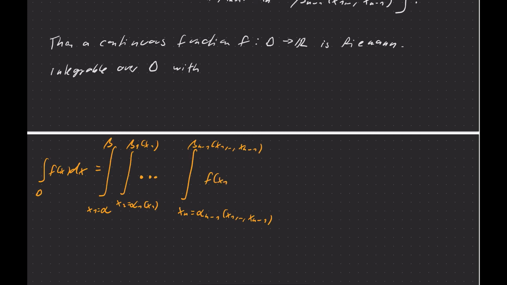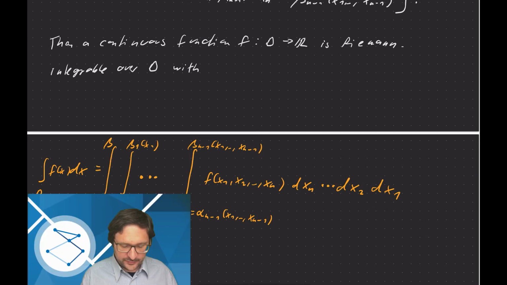And you integrate the function f of x1, x2 up to xn. And as I said, innermost integral dxn. And then you integrate your way out until finally you integrate out this x1, where you just have constant bounds anymore. So per integration step, you lose one of the variables.